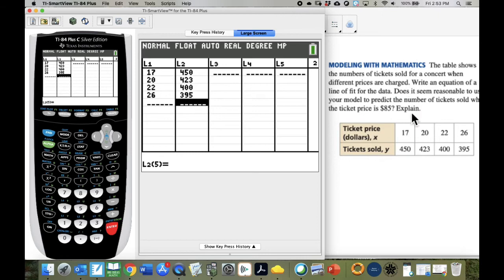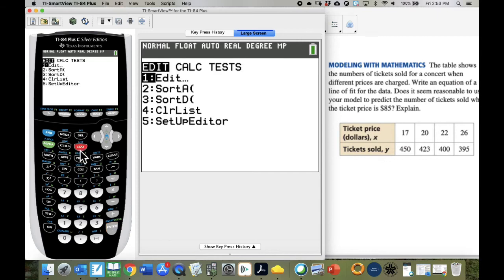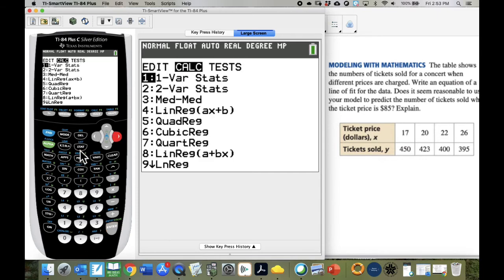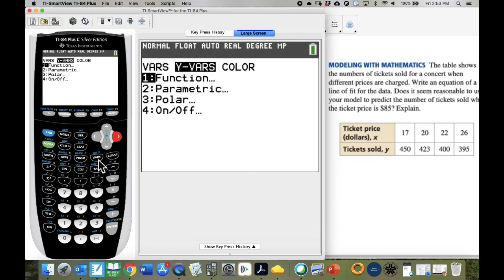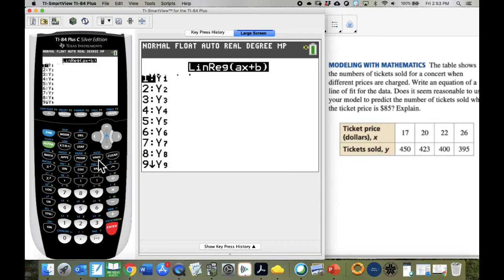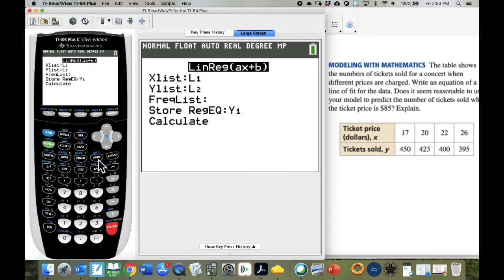It says to write the equation of a line, so I'm going to have to go and do all that on my calculator. I'm going to go to Stat, Calc, 4. I'm going to go down to Store. I'm going to go to Vars, YVars, Enter, Enter, Enter, Enter.